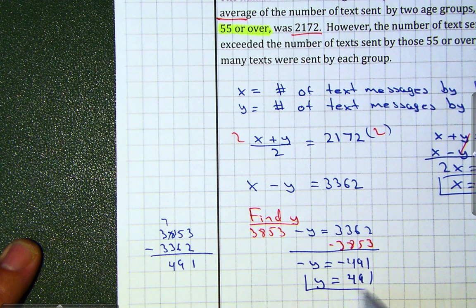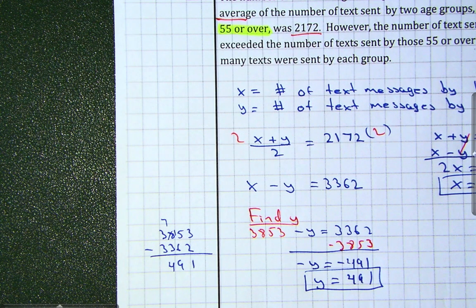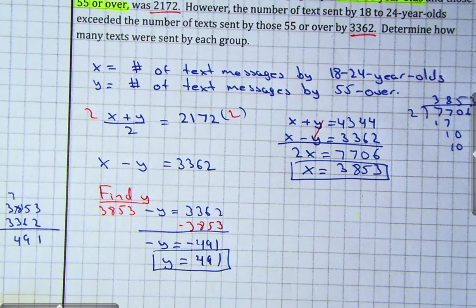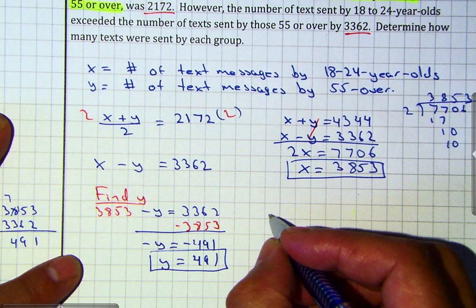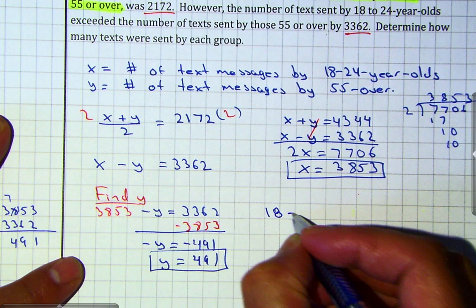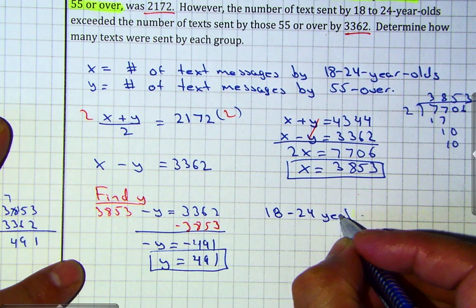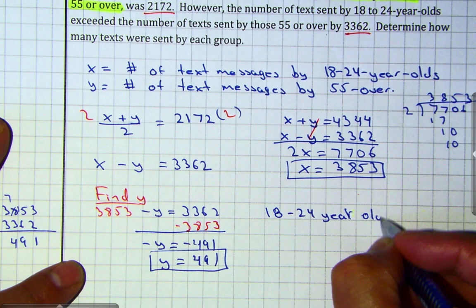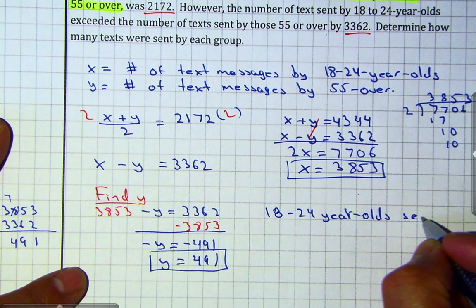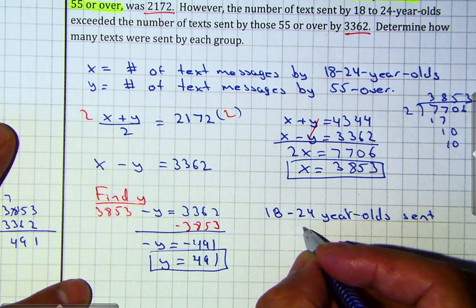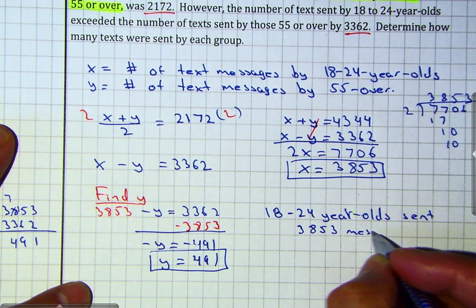If I add them together, that will give me a total, but I don't need to add them. So now we can just write our answers. So therefore 18 to 24 sent 3,853 messages, or text messages.